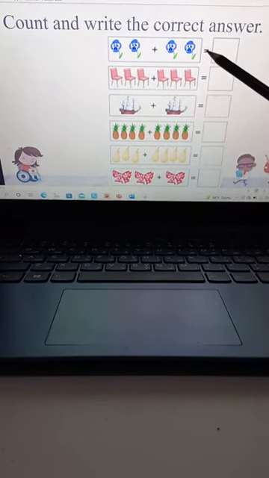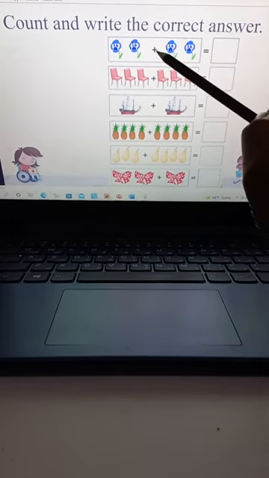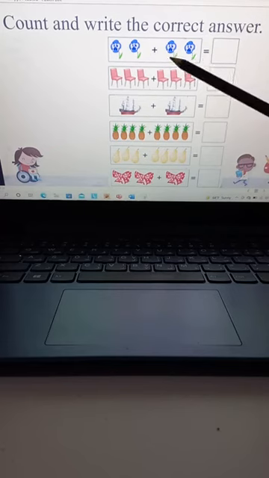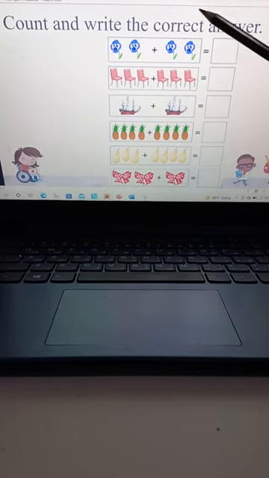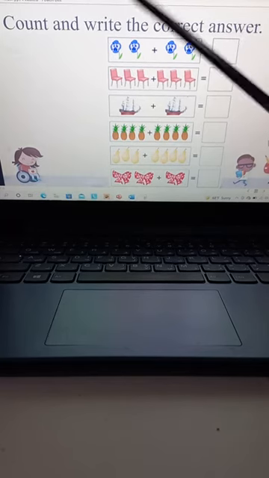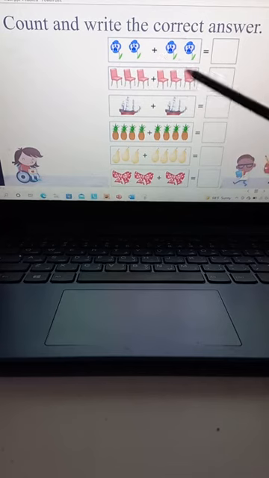And who can still tell me what this is? Equals. This is the plus sign. This is equals. Remember, whenever you see equals, it shows total. So we are going to add the numbers together and know what the answers are.